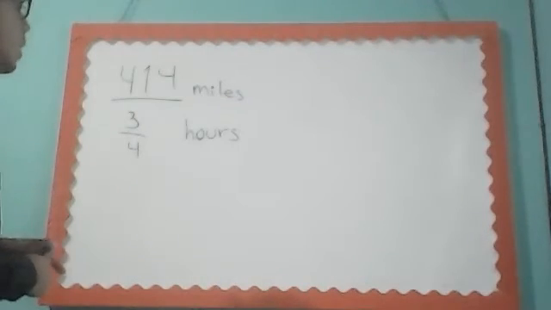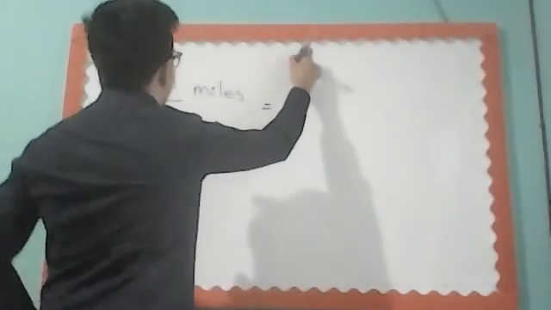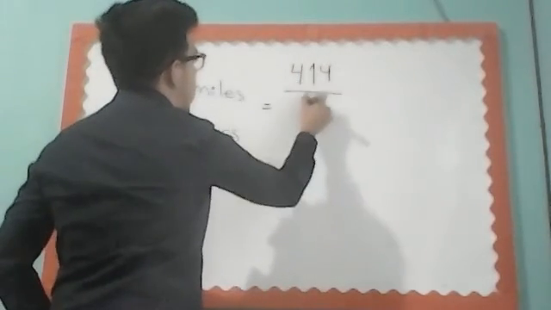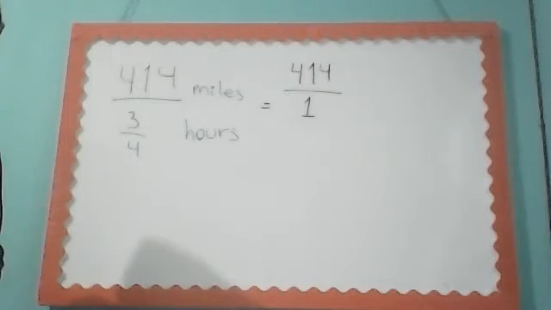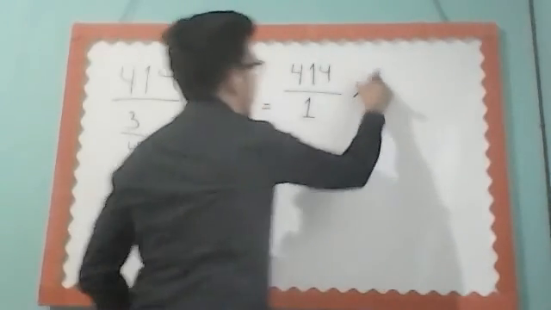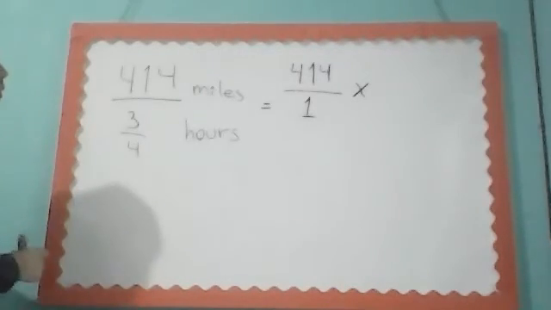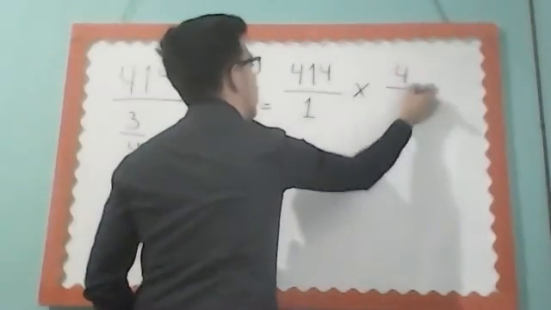We need to multiply. Remember, I divide 414 by 1. Remember, the 1 is not going to affect my fraction. So I divide by 1. And I multiply by the inverse of this one, 4/3.